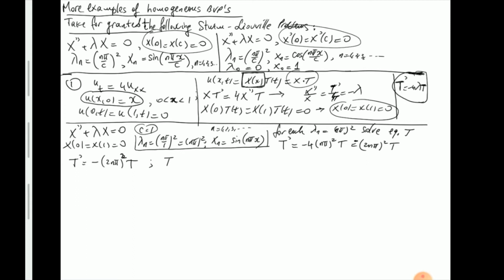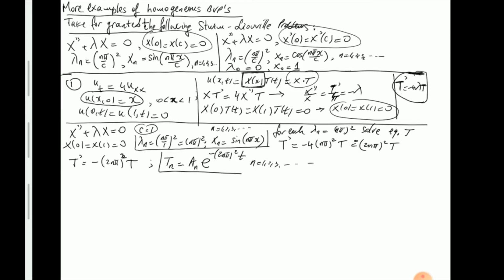Remember the convention of notation: that constant of integration, label it a n, not just a, because you do this for every n, and the solution itself is indexed by n. So T n is a n e to the minus 2n pi squared little t, again where n is 1, 2, 3, and so on.